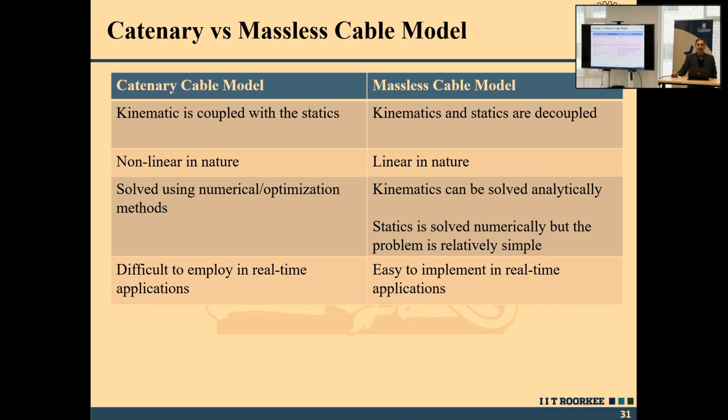This is non-linear in nature, this is linear in nature, and this is solved using a numerical or optimization method, and here the kinematics can be solved analytically. Statics is solved numerically, but the problem is relatively simple, and yes, it is difficult to employ in real time application, and this one is easy to implement in real time application.